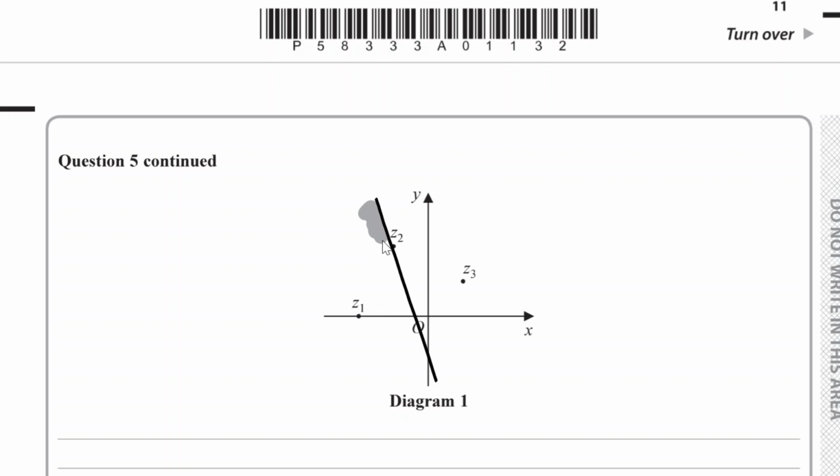So if I can do that neatly, to the best of my ability, we have something looking like that. Okay, hopefully all that makes sense.